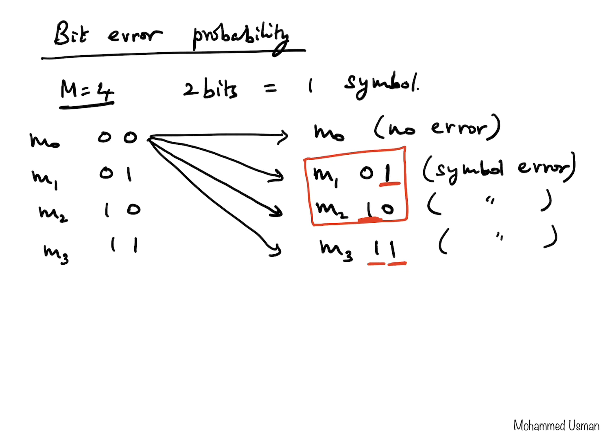We want to arrange the symbols in such a way that even if an error happens in the symbol, the error should be such that out of all the bits within that symbol, only one of the bits should be in error, all the others should still be correct. And that sort of arrangement is called a gray coded arrangement.